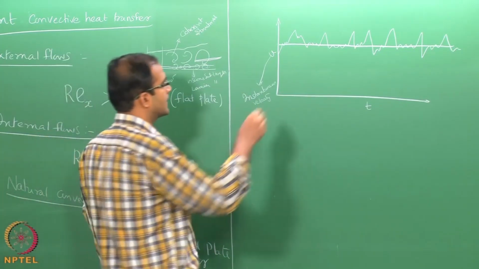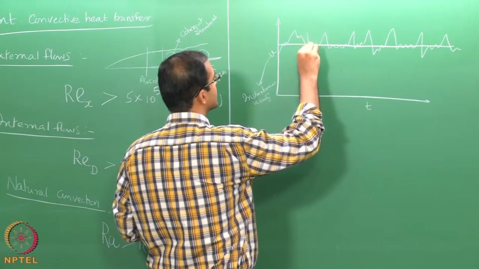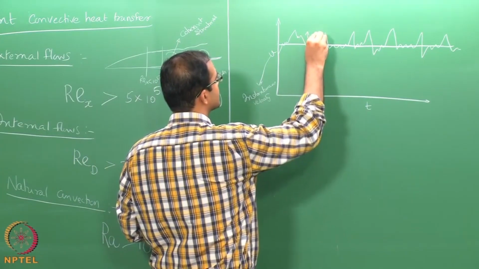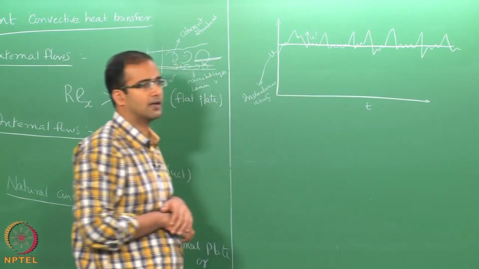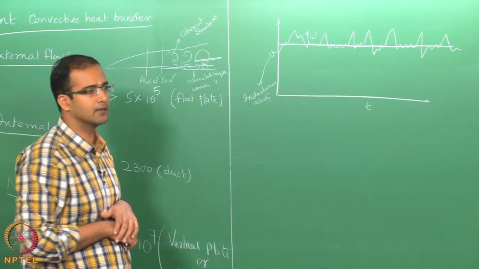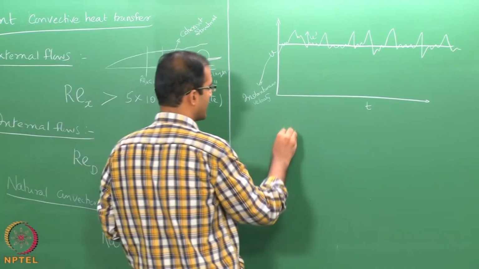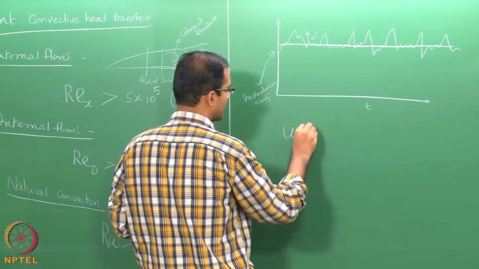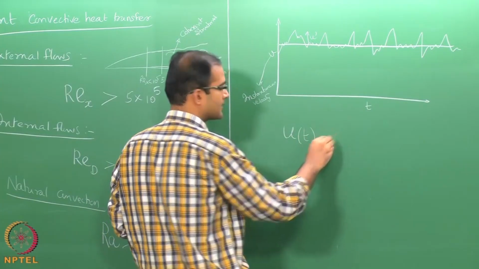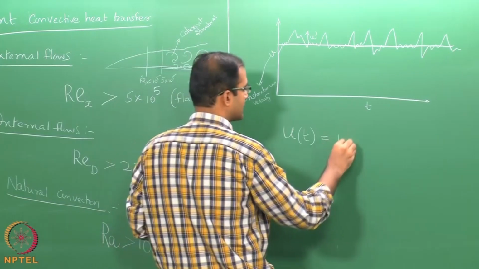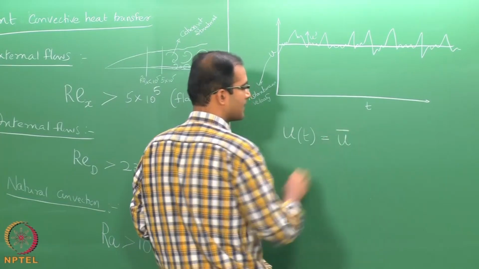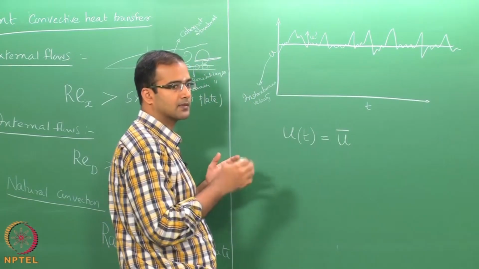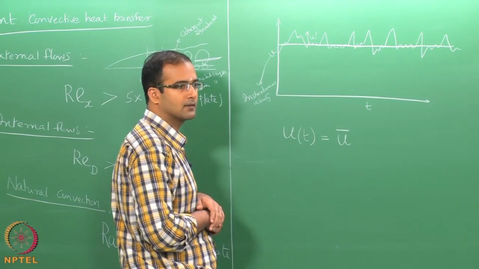There we can assume there is a fluctuation which we will represent as u prime, it could be positive or negative about the mean, and therefore we can decompose the instantaneous velocity as an average, which we will represent by an overbar, plus the fluctuating component.